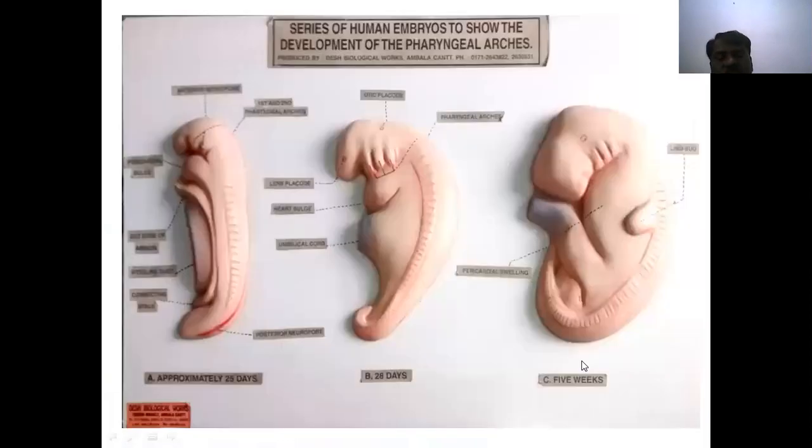Next is after formation of this. See here how the head and tail fold. See here we can identify the cranial-most parts, arches, and everything. So when it is bending, this part comes downwards, the formation of the face, and next the cranial-most part, that is the prochordal plate. See here the pericardial swelling.